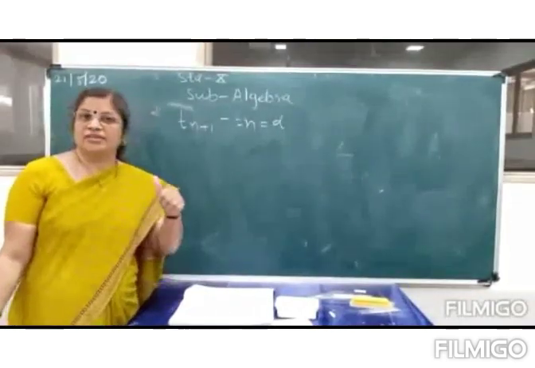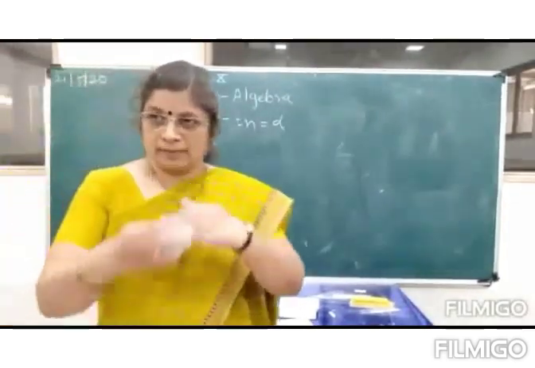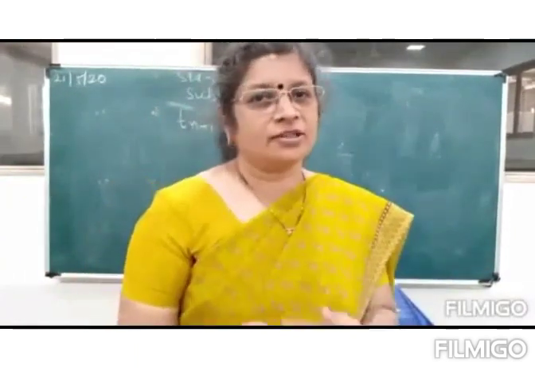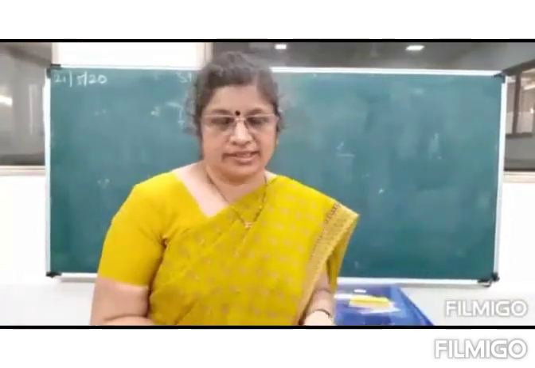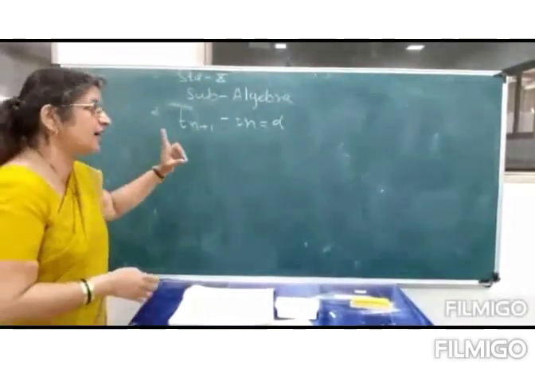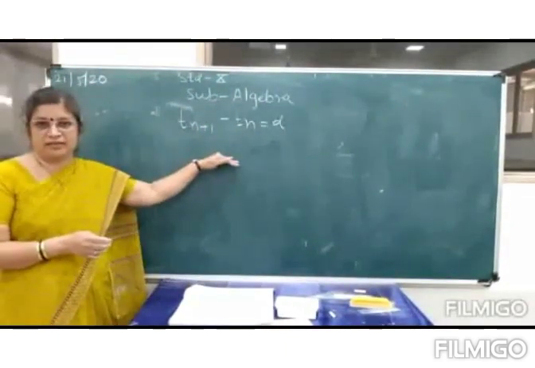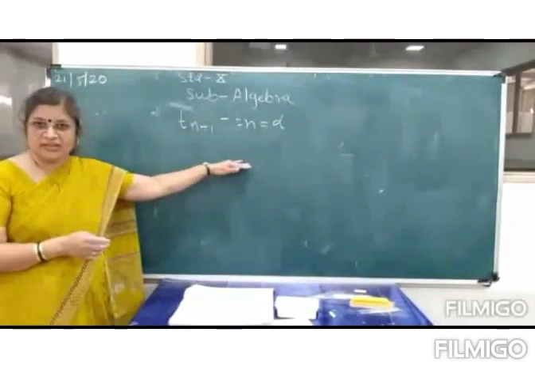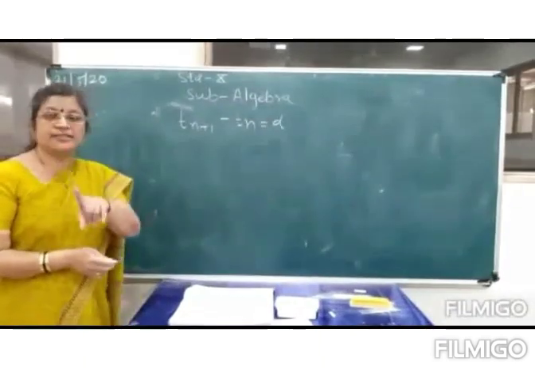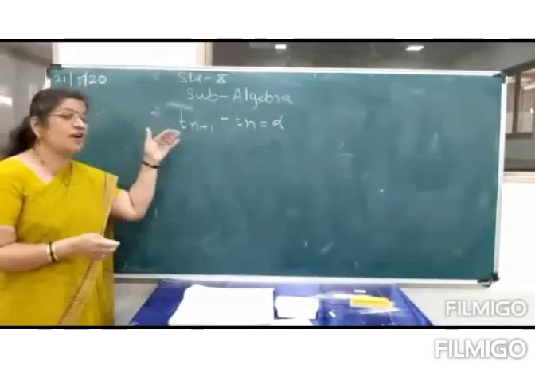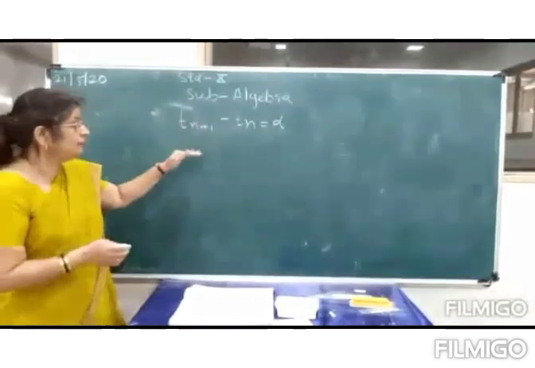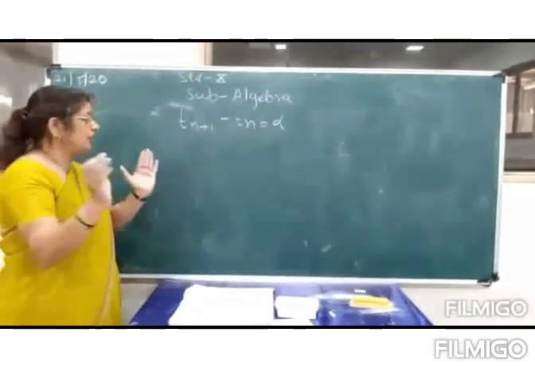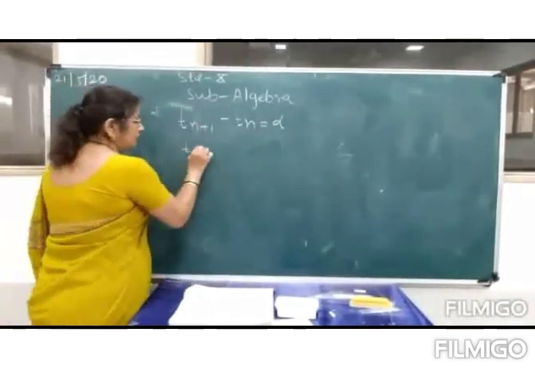Now see, what I have explained up till now is how to find the common difference between two consecutive terms. First I taught 3 examples, one with a geometrical figure, and the first example which I taught was 5, 8, 11, 14 like that. If you see, what we actually did was T2 minus T1.